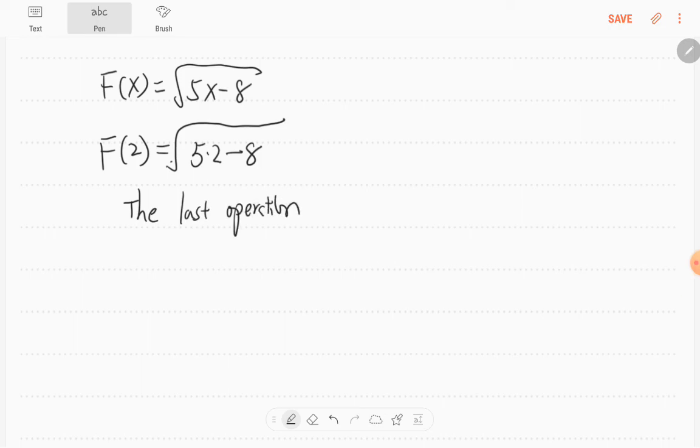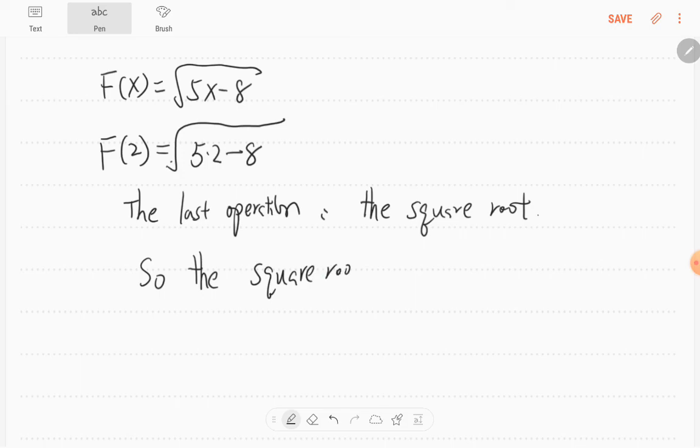The last operation is the square root. So the square root function is the outside function.